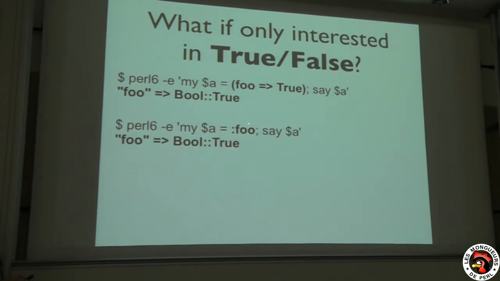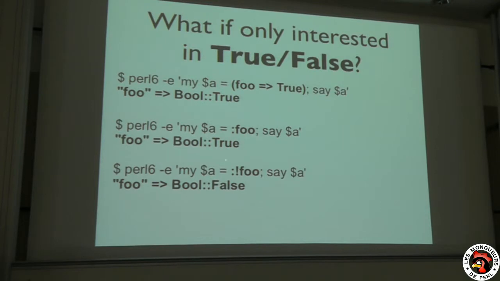Well, you can specify it just like this. Just leave off the value. This is actually just a pair with who equals true. Right? And if you want to have false, you just use the exclamation mark here. So basically just key or exclamation mark key.